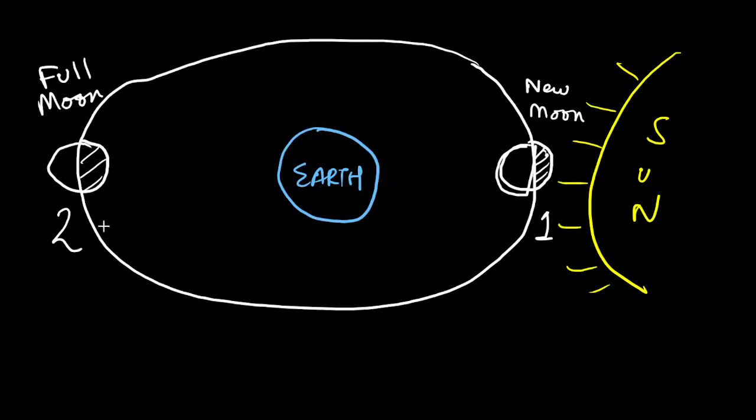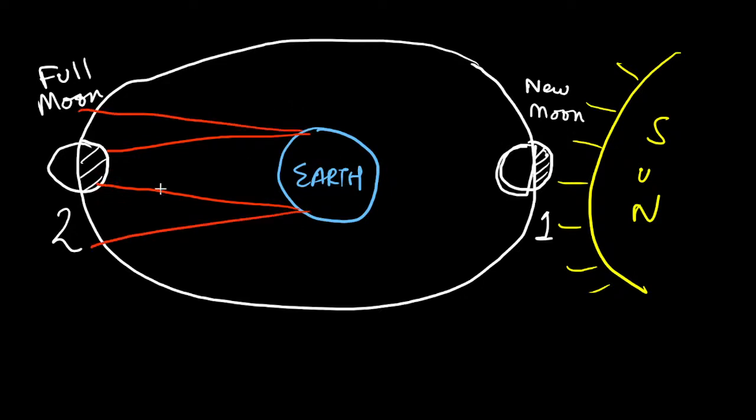Notice that at position 2, there is a phenomenon of Earth's shadow falling on the surface of the moon. We all know that the shadow of the earth has two parts. One is the umbra, and then you have this as the penumbra, and the umbra is the dark part. So when the shadow of the earth is falling on the moon, that bright moon might get a decreased brightness.